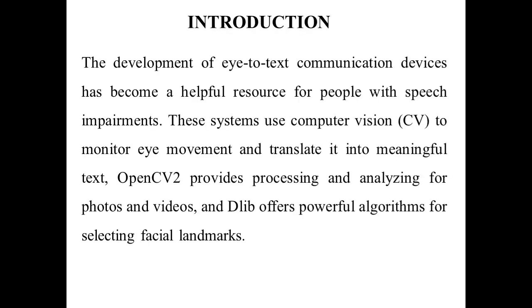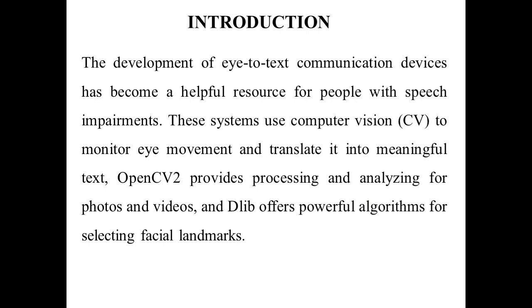Okay, the first is the introduction. The development of eye-to-text communication devices has become a helpful resource for people with speech impairments. These systems use computer vision to monitor eye movement and translate it into meaningful text.